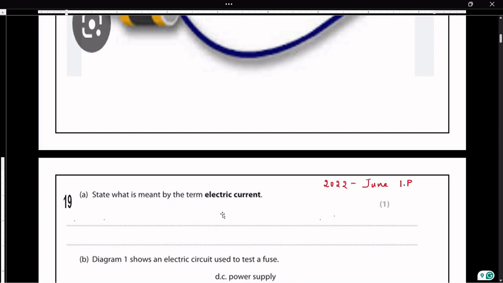So the question is, what is meant by the term electric current? So electric current is, as we know as a definition, it is a rate of flow of electric charges passing through a point. So let us put it as an answer. It is the rate of flow.